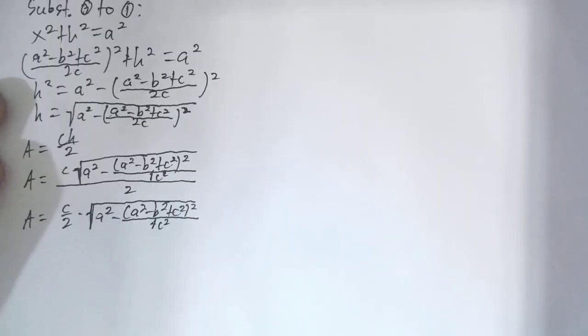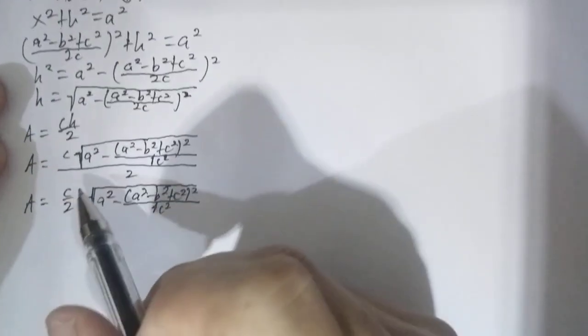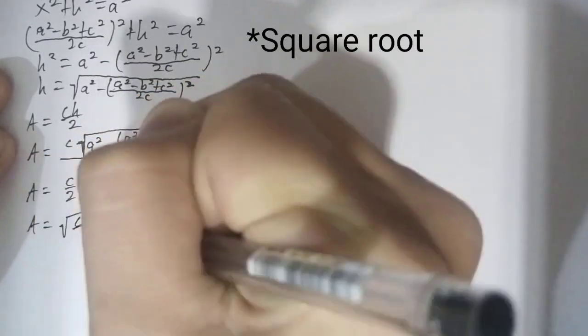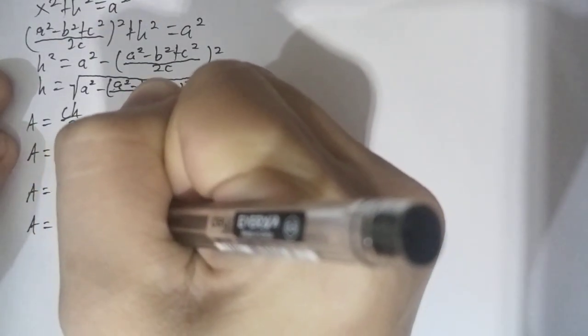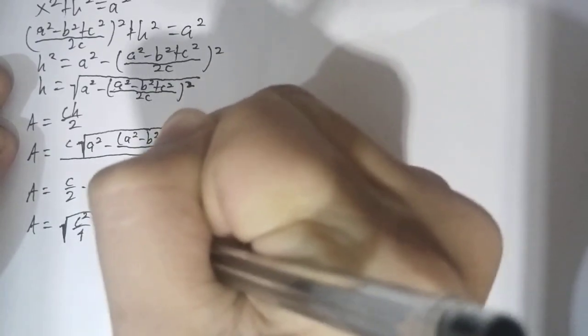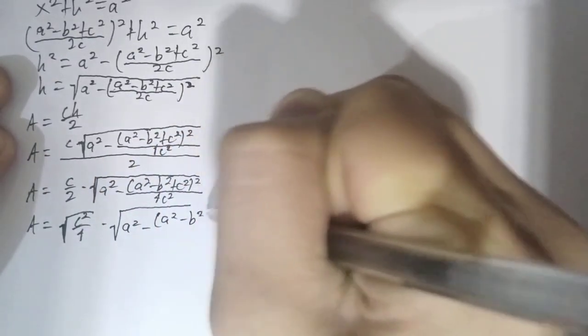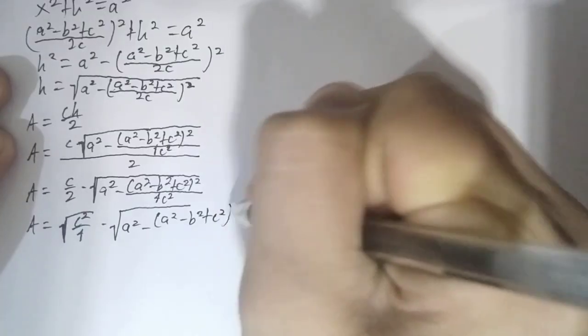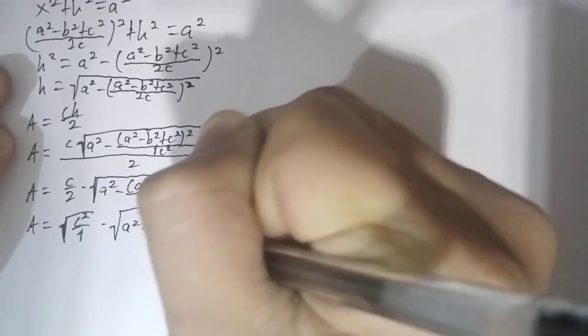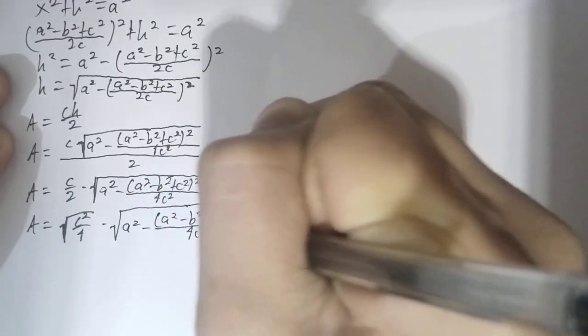And then next, we can rewrite c over 2 as the square root of c squared over 4, correct? Since if you take the square root of that, it'll just be c over 2. And then again, multiply by the square root of a squared minus the square of (a squared minus b squared plus c squared) all over 4c squared.